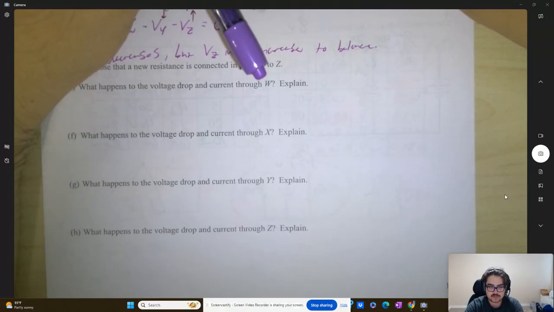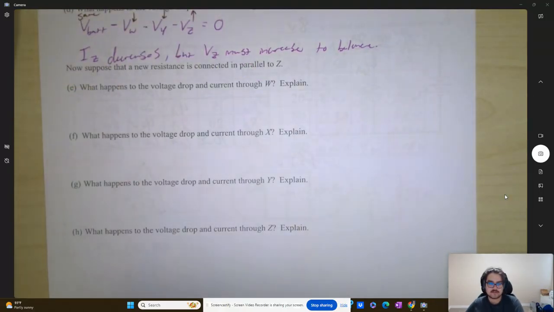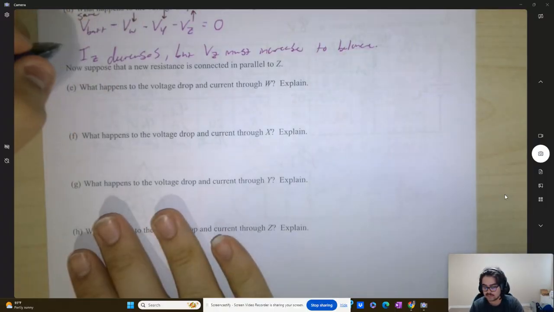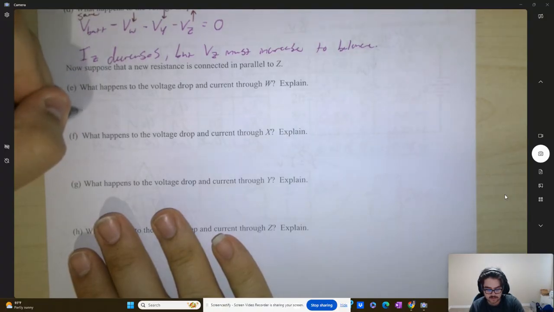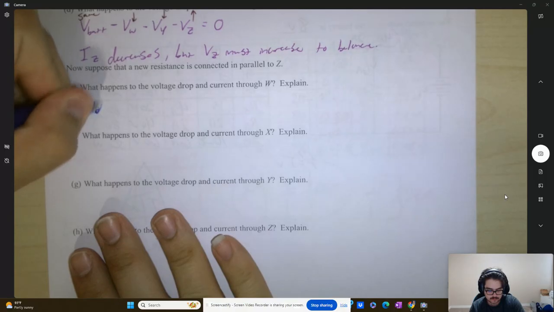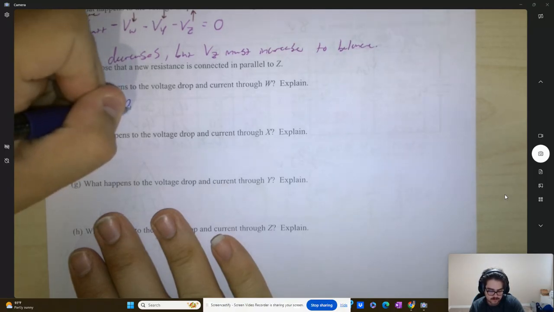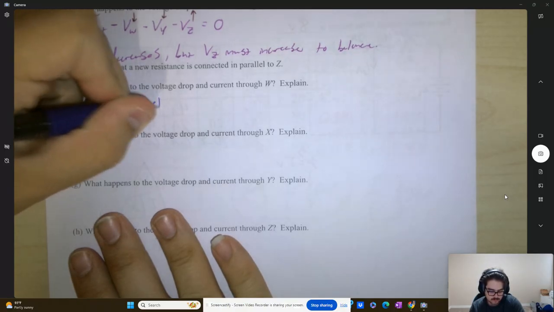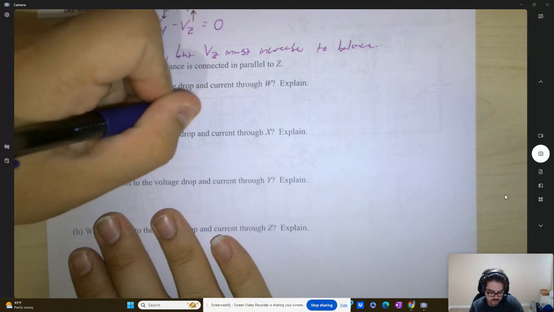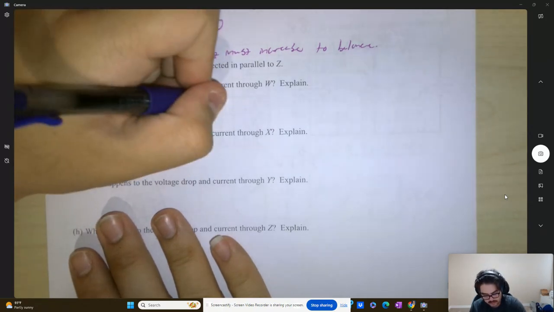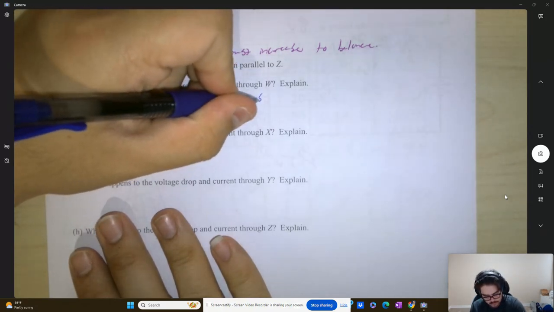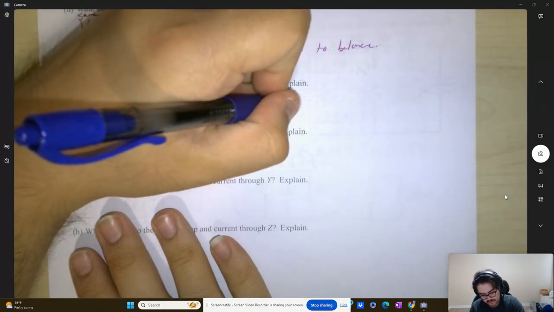It says, suppose a new resistance is connected in parallel to Z. What happens to voltage drop? Well, fun fact, if you add a resistor in parallel, you're actually going to decrease your equivalent resistance. So adding parallel resistors decreases equivalent resistance.